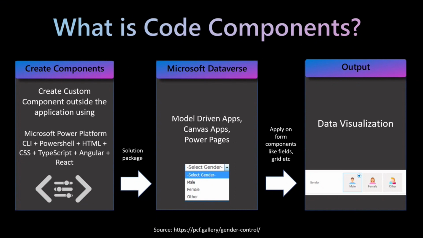But if I want to apply a code component or PCF control to it, I can change it to an image format as well. As you can see in the last picture, the data visualization, I'm doing it in picture format. So I completely converted the default component to a different data visualization component. Okay, so this is one example, but there are different types of PCF controls. You can utilize them, or you can change the data visualization as well.